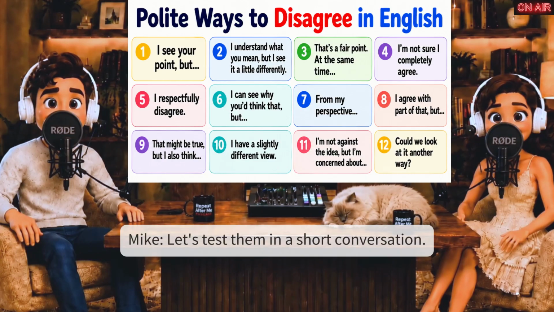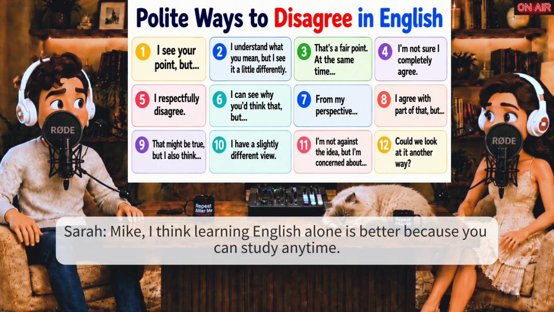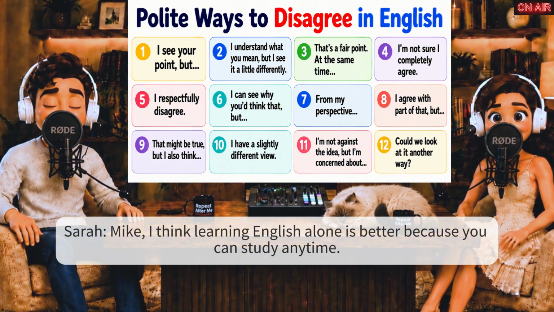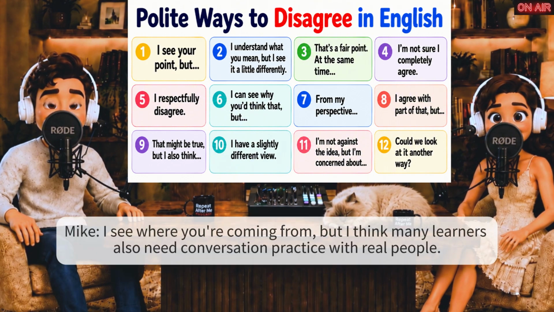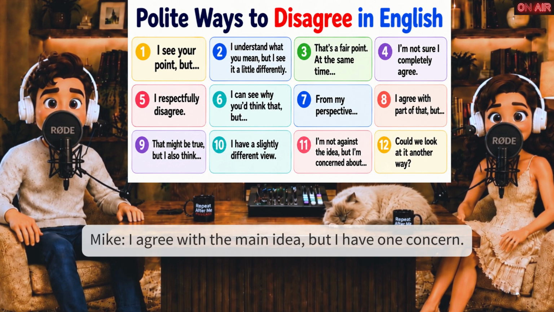Let's test them in a short conversation. Mike, I think learning English alone is better because you can study anytime. I see where you're coming from, but I think many learners also need conversation practice with real people. That is true. I agree with the main idea, but I have one concern.